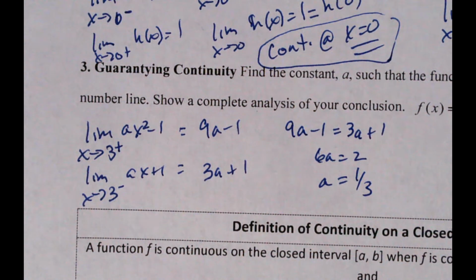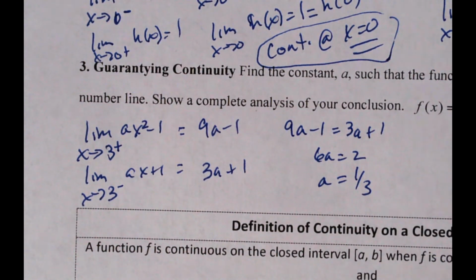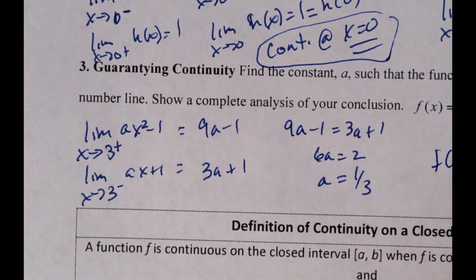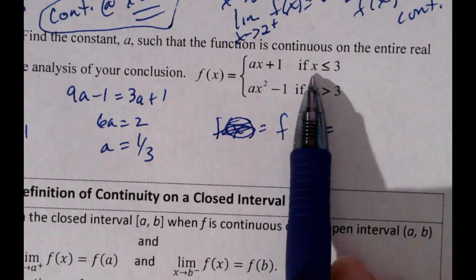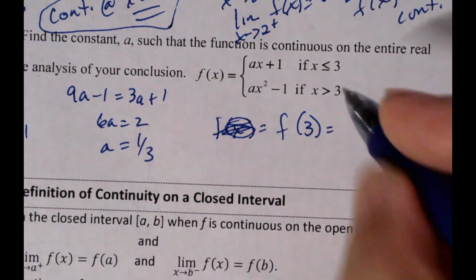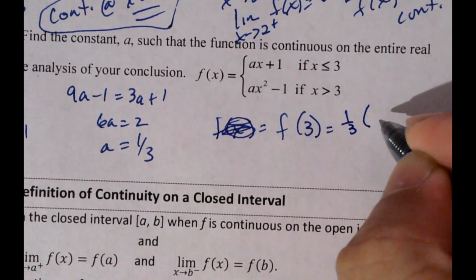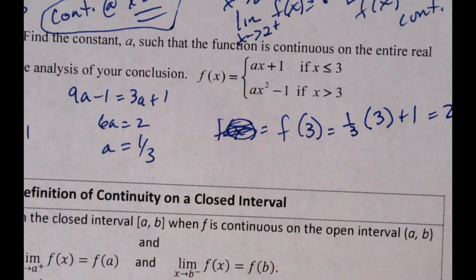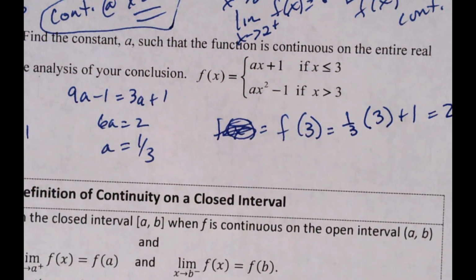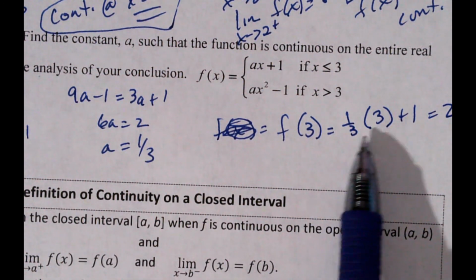And what happens when I plug in a? I don't want f of x, I want f of 3. And f of 3 is going to fit the top part. So a is 1/3, so it's 1/3 of 3 plus 1. That's equal to 2. And let's see what the limit is.